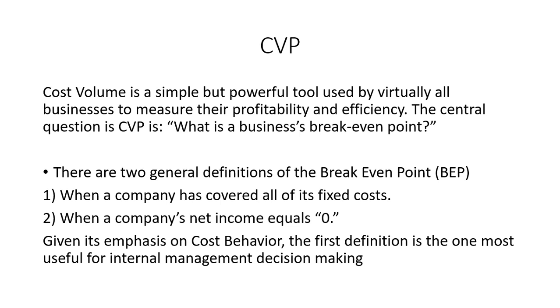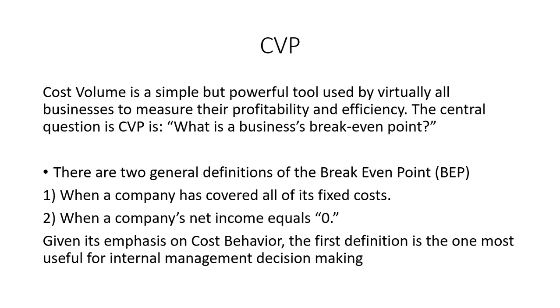Now, there are two general definitions of the break-even point. The first one is the one that's going to be most important to us, because it is the one which management uses to conceive and imagine what their cost structure should be. That's when a company has covered all its fixed costs.